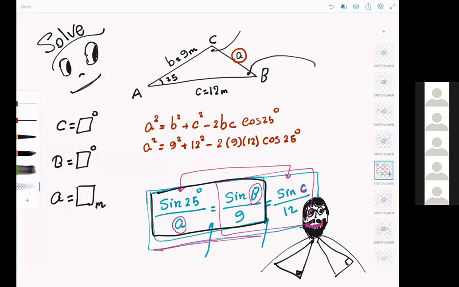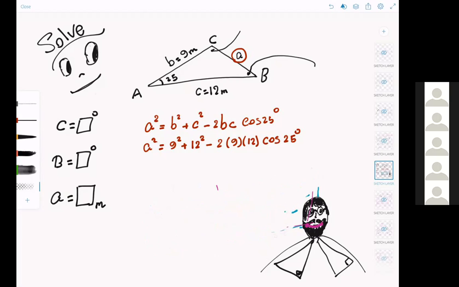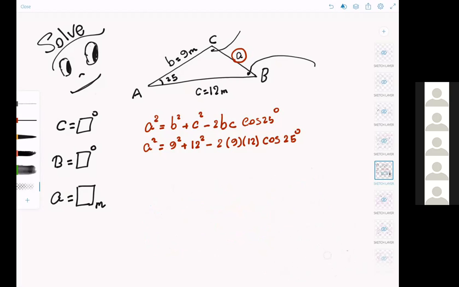I'm going to make some room, get rid of this law of sine. And our favorite guy, Pythagoras. So a squared equal to 81 plus 144.